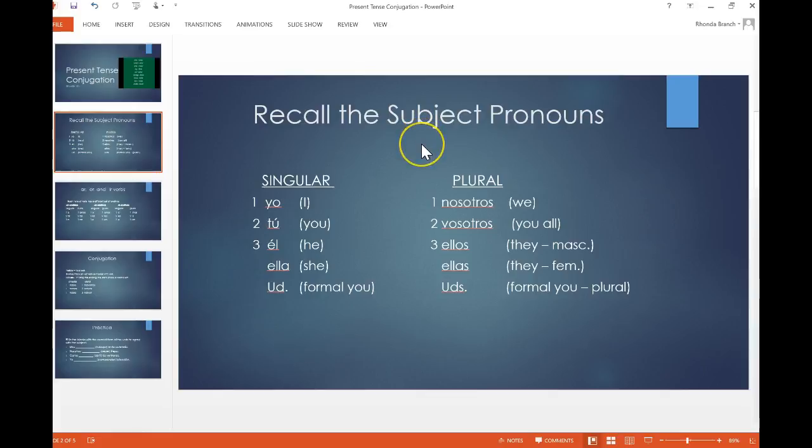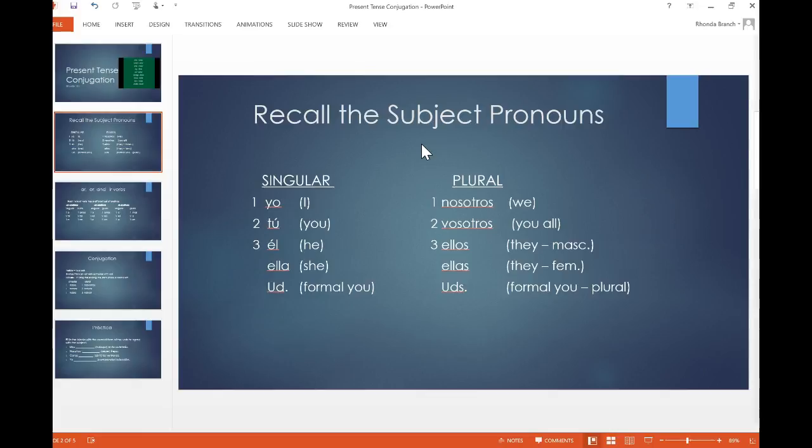So the first thing that we need to do when we want to conjugate is always recall the subject pronouns. It is so very important that you know what falls where. If you think about it, we have a singular side and we have a plural side. In English, it's simply I, you, he, she, it, but in Spanish, there is no word for the subject it.